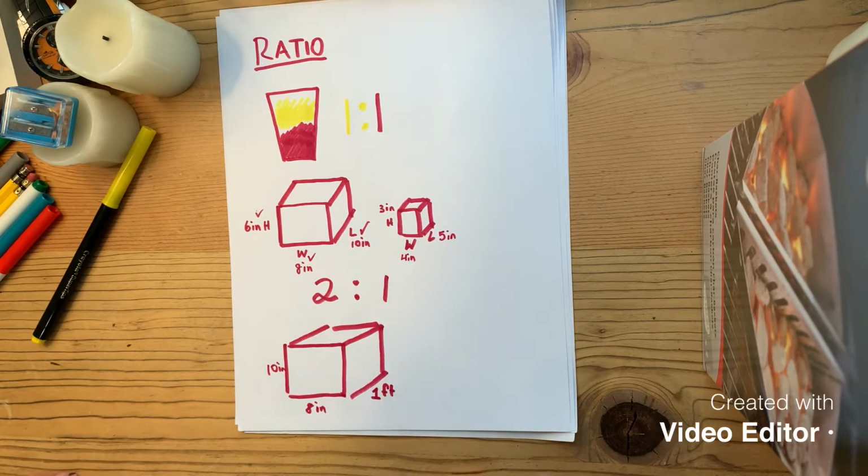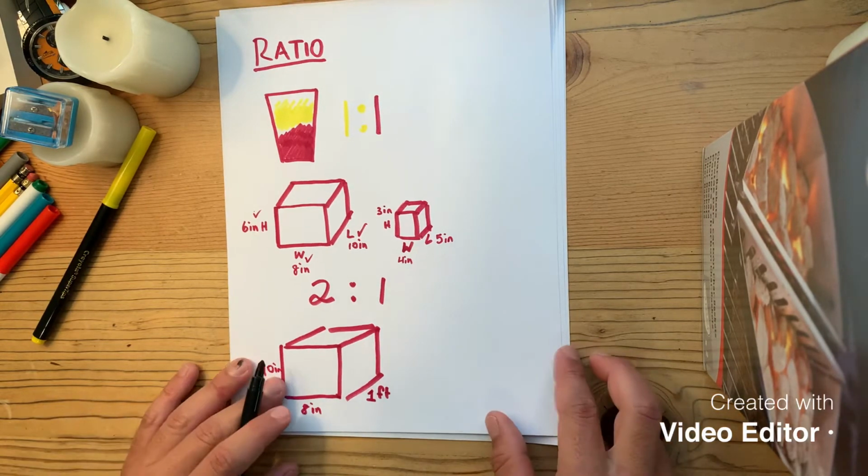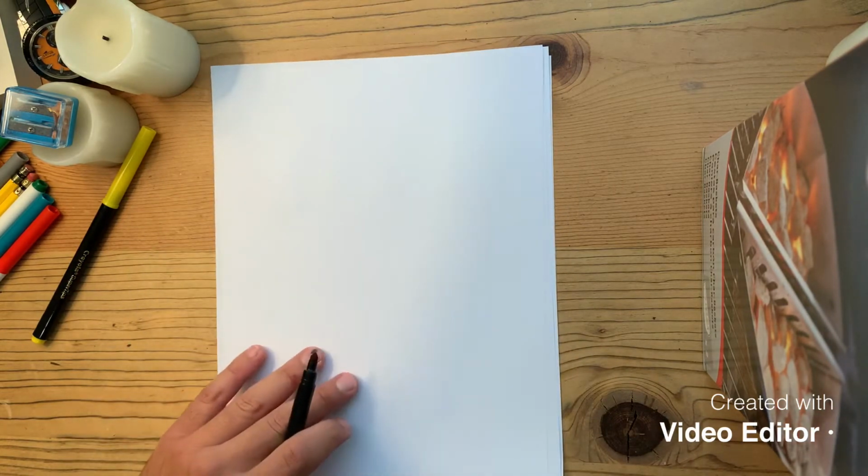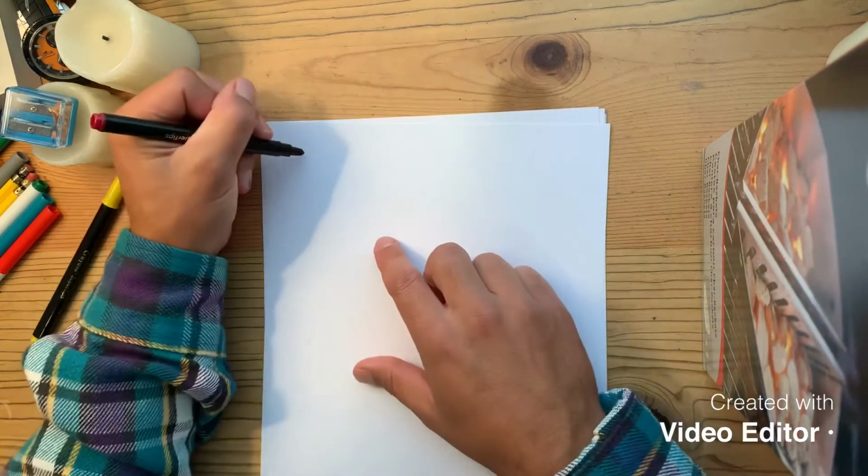Otherwise, it's going to get messy and you're not going to be able to divide and multiply your amounts correctly. So we'll continue at the next part of this lesson, which is going to be volume.